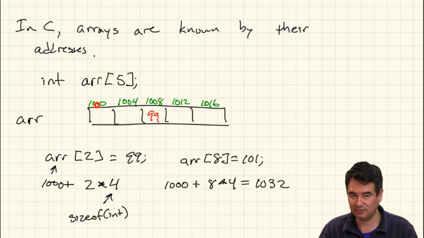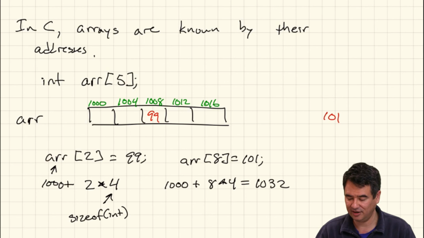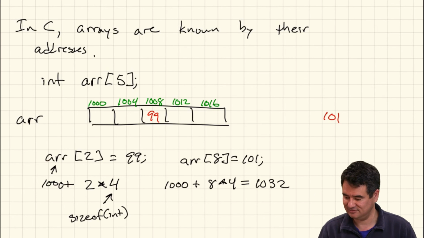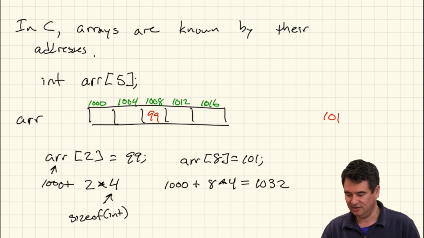So then it goes into memory, and it goes all the way off to box number 1032. And it puts the number 101 there, which is off the end of the array, but it's perfectly fine in the C programming language. So C doesn't protect you at all from walking off the end of an array. It will just go and do it. And it's all because it just simply does this calculation, and there's no bounds checking.